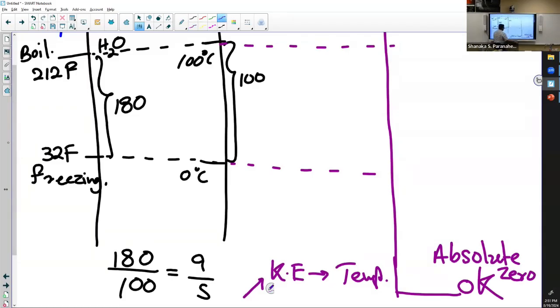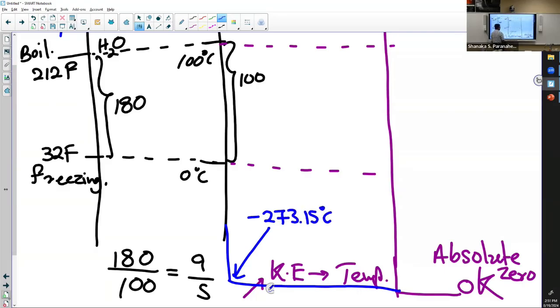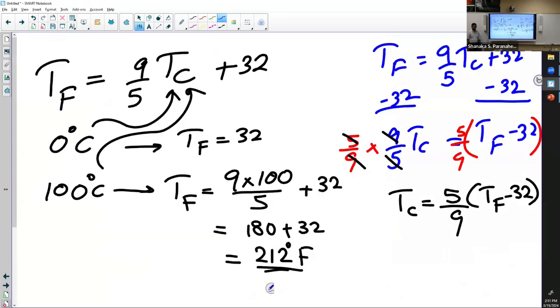If we measure the same temperature on the Celsius scale, the lowest possible Celsius value, which is going to stop all these motions, is going to be negative 273.15 Celsius. That's the lowest possible Celsius value, and it is very difficult to achieve.